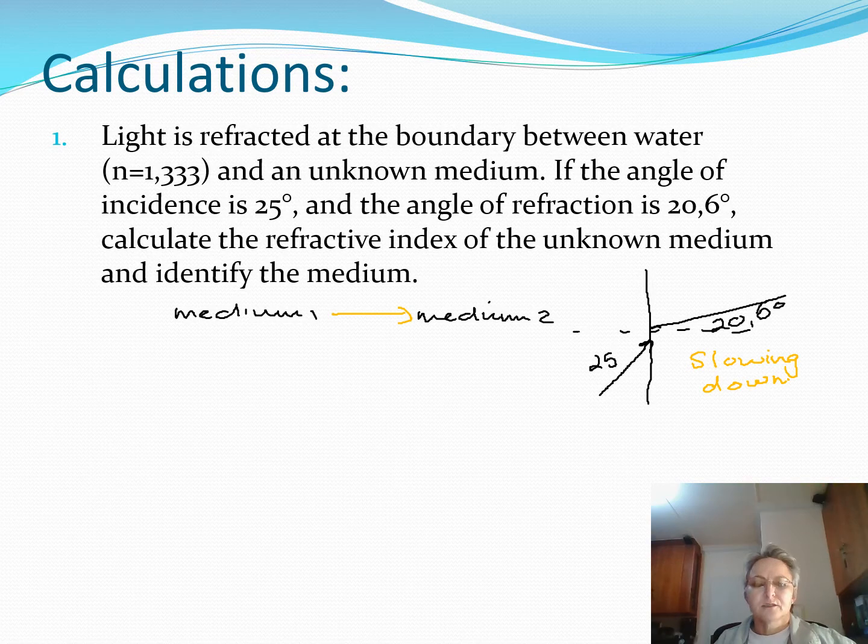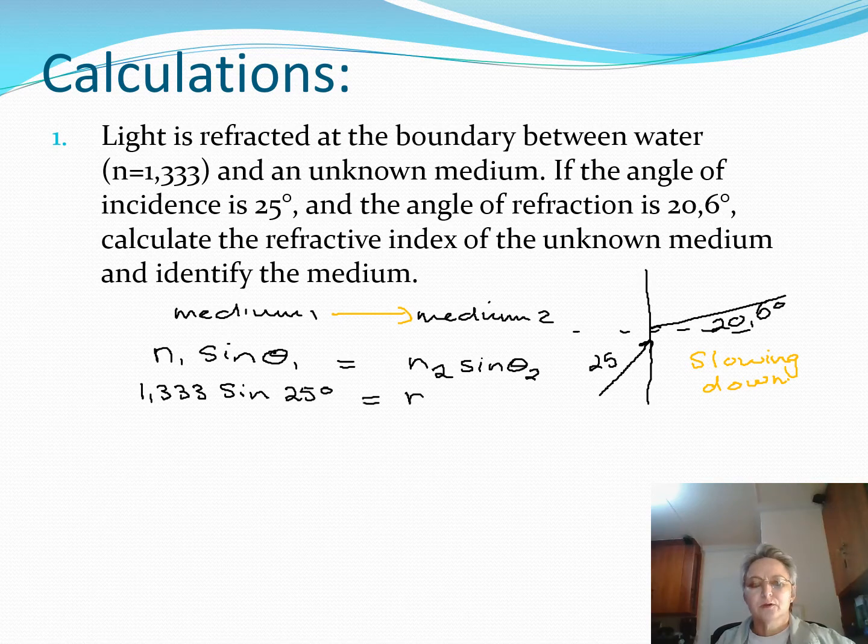So we write down Snell's law equation, n1 sine theta 1 equals n2 sine theta 2. n1 is water, 1.33 is the refractive index, sine of 25 degrees equals, we don't know what the second medium is, we need to calculate its refractive index, sine 20.6 degrees.